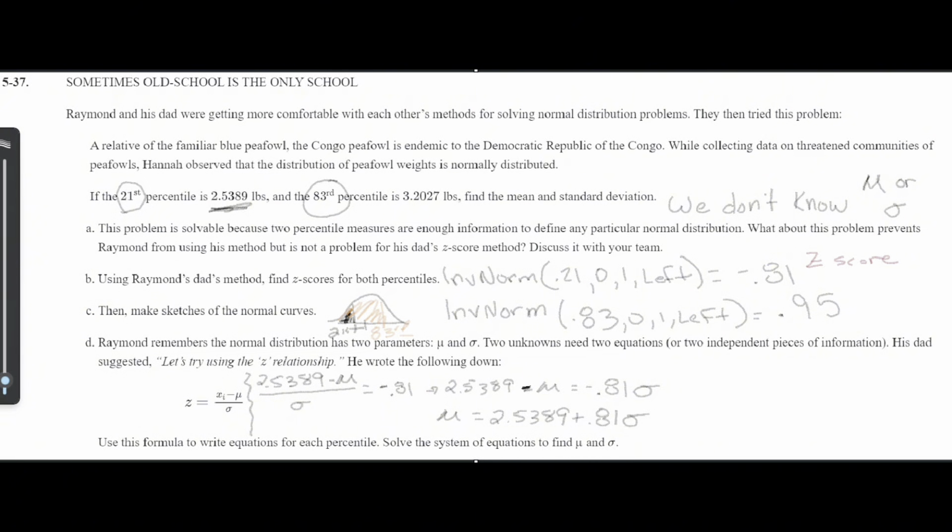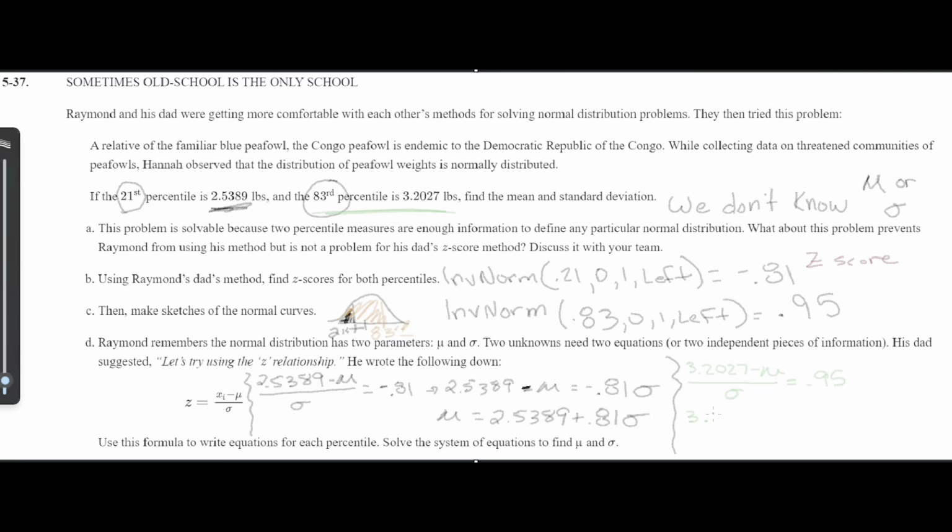All right, now I got to do the same thing over here for the 83rd percentile. If at this point you just skip to the end, I totally get it. Okay, so we're going to do 3.2027 because that was the 83rd percentile, minus mu, divided by sigma equals our z-score.